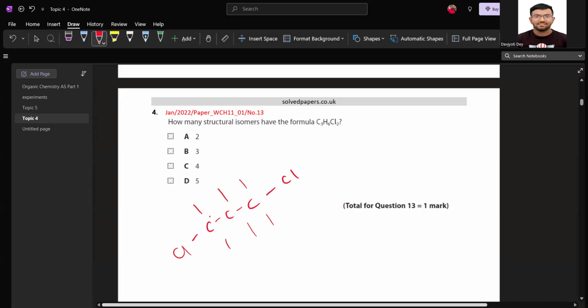This is an example of one structural isomer, the 1,3-dichloro. If you check out another one, this might be another one, obviously. So that's the first, this is the second, and then another one is the third.